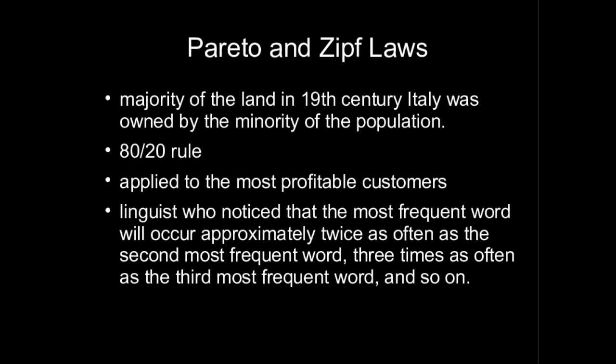So it can be applied to several situations. For example, linguists initially noticed that the most frequent word will occur approximately twice as often as the second most frequent word and 3 times as often as the third most frequent word, and so on.